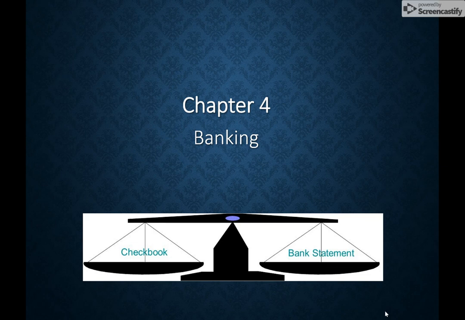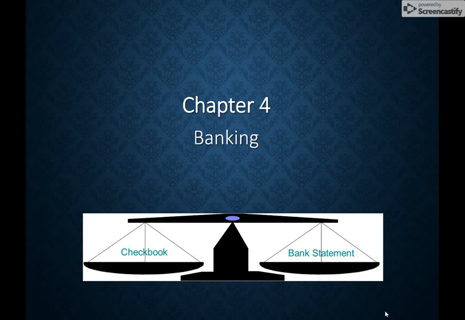And the truth is, anytime you get to the end of the month and you receive a bank statement from your bank and you compare the balance in the bank statement, or what you have in the bank at the end of the month, to what you have in your checkbook, there's always a difference between the two numbers.